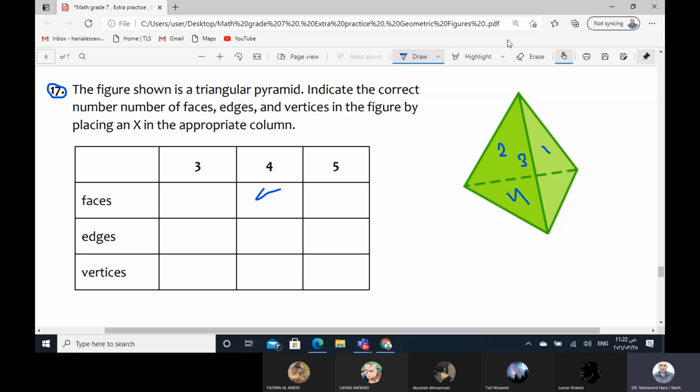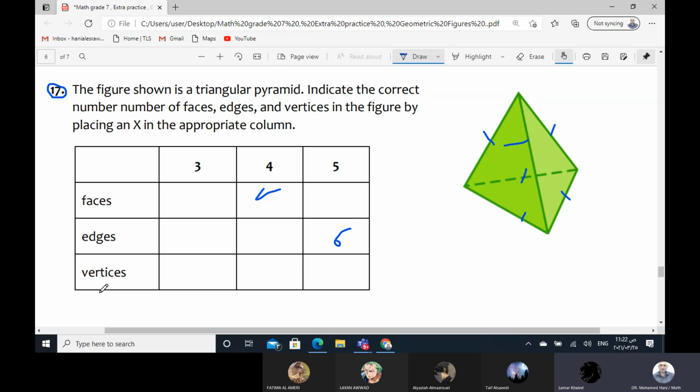Who can tell me how many edges? Edges are 6. Yes, we have 6. We have 6 edges, not 5. Why? 1, 2, 3, 4, 5, and here we have 6. How many vertices?